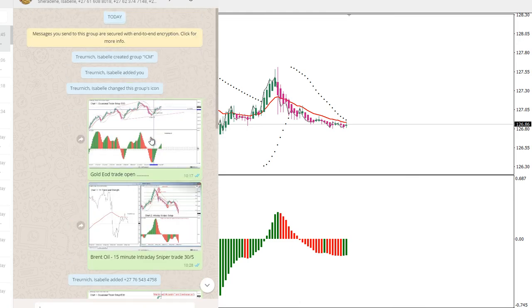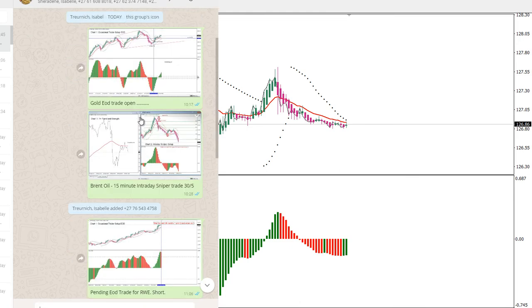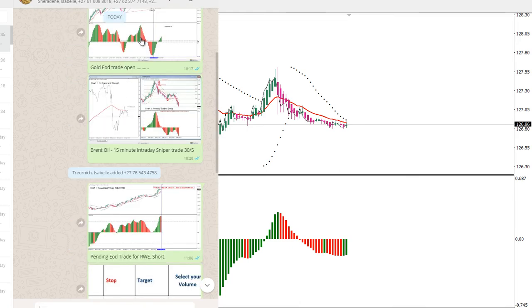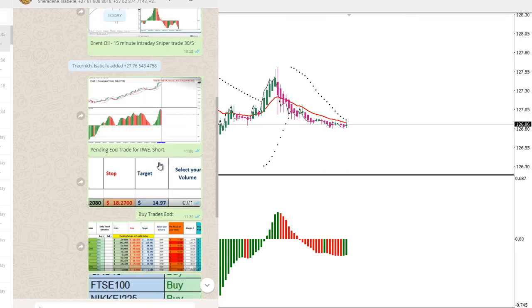If we just go back, you'll see a couple of charts here of trades that are open. There are going to be long-term trades that are open and short-term intraday trades that we're trading. It just depends on what type of trader you are. Are you an occasional trader, who normally trades once a week? Are you a daily trader who would like to look at trade setups on a daily basis? Or are you an intraday trader? What are you looking for?